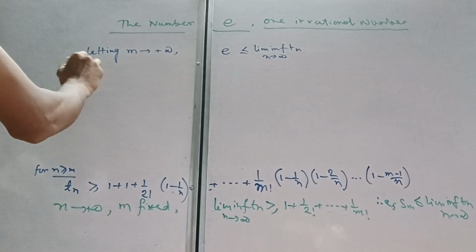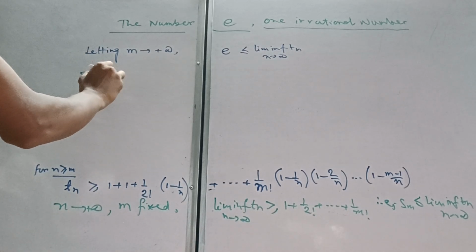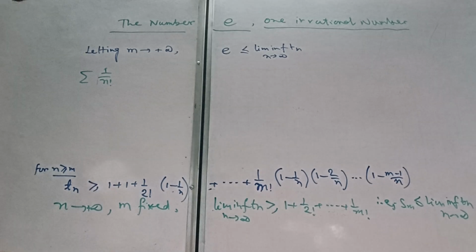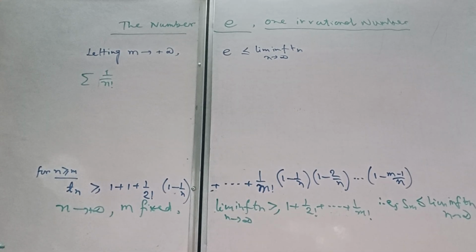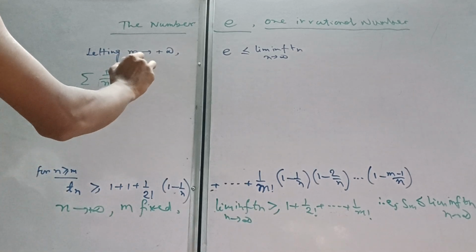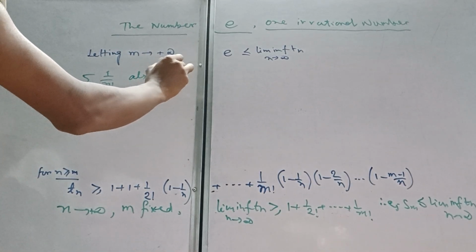Then we also write this series, summation 1 by factorial n. This series, 1 by factorial n, is also convergent, as we see at first.